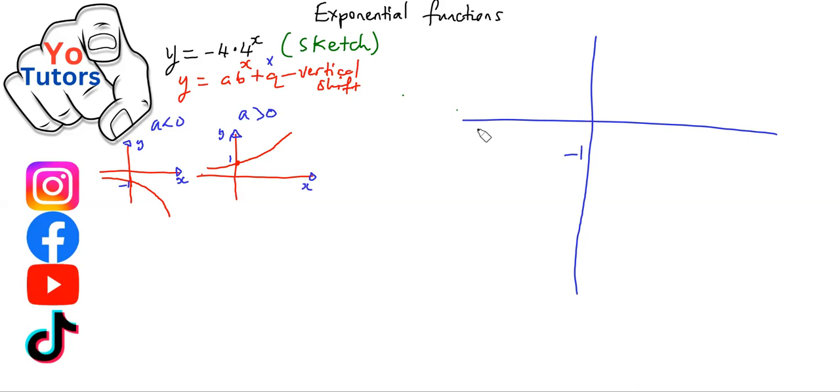We know that it's a reflection along the x-axis, so we're going to put it like that. Okay, so that's our graph. You never touch the x-axis in this case because there is no shift. It's just approaching the x-axis.